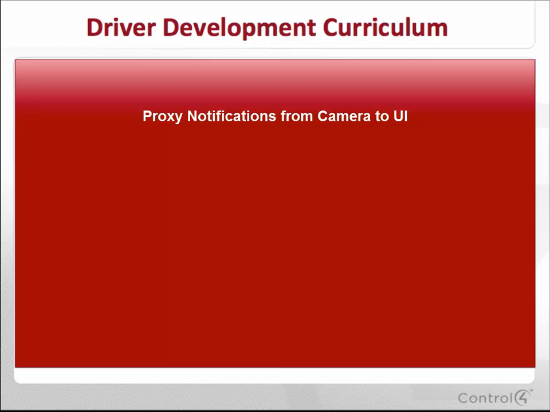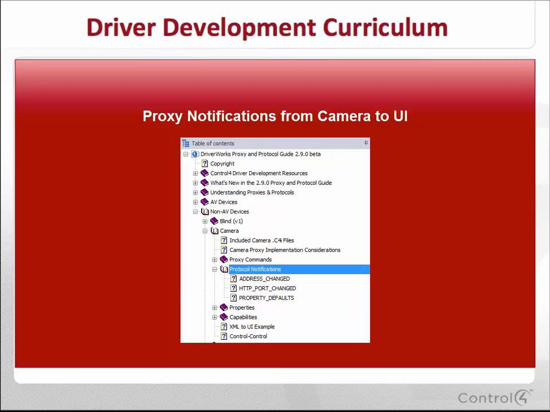If you are familiar with other driver development templates, you're going to notice that the camera template handles notifications differently. Part of this is due to the fact that cameras have very few notifications. If we open the proxy and protocol guide, we can see that the camera proxy supports only 3. The good news is, modifying the template to support notifications is rather easy.